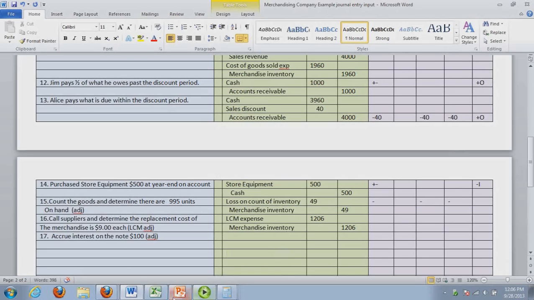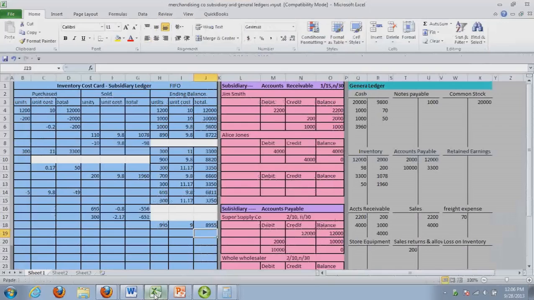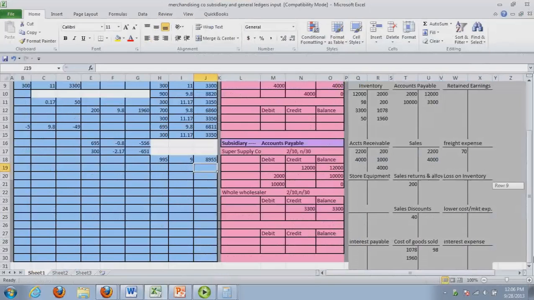So let's see what we did with the journal. Did we do the $49? I may have. Yeah. We did the $49 inventory loss from the previous entry, and now we're doing lower of cost or market, 1206 and 1206. Okay.